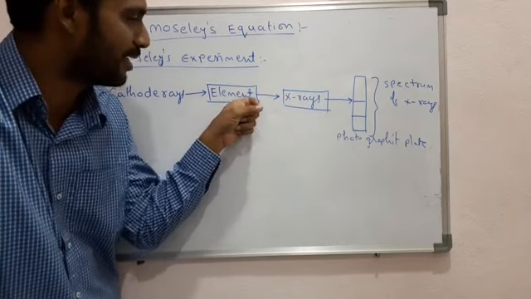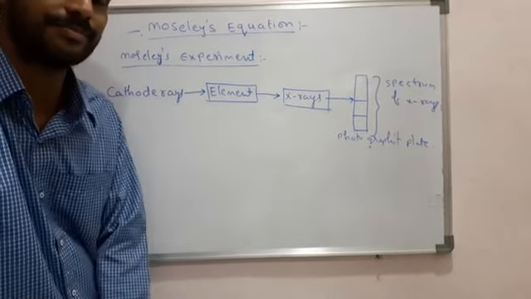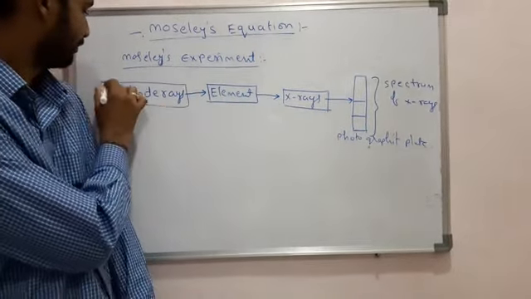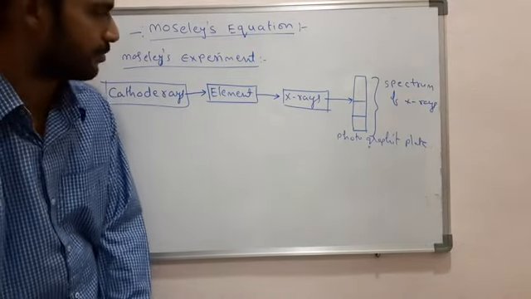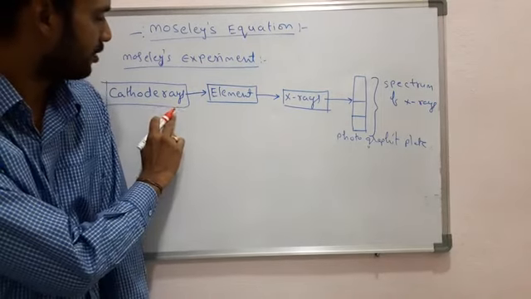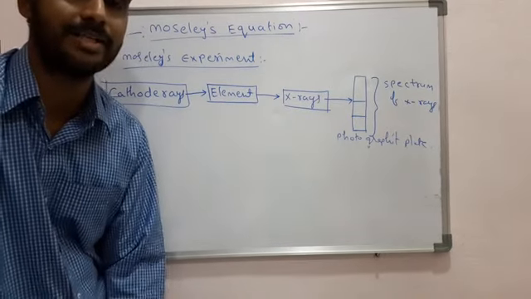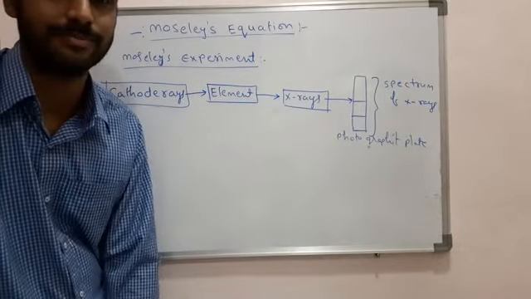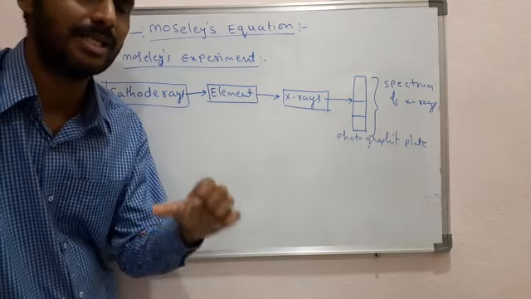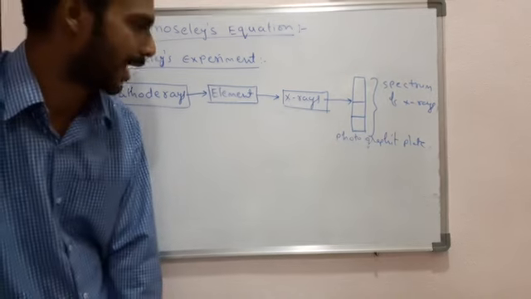So how did the element release the X-rays? By passing the cathode rays through it. He passed the cathode rays into all the elements which were discovered at that time.